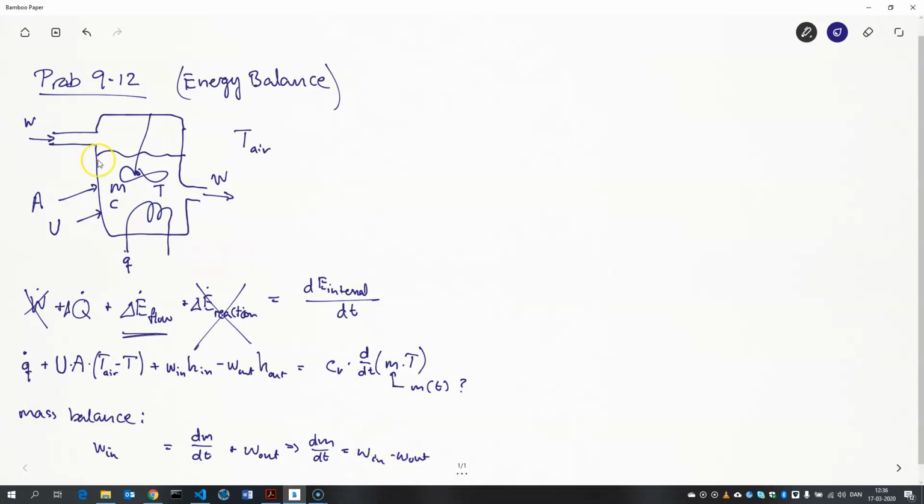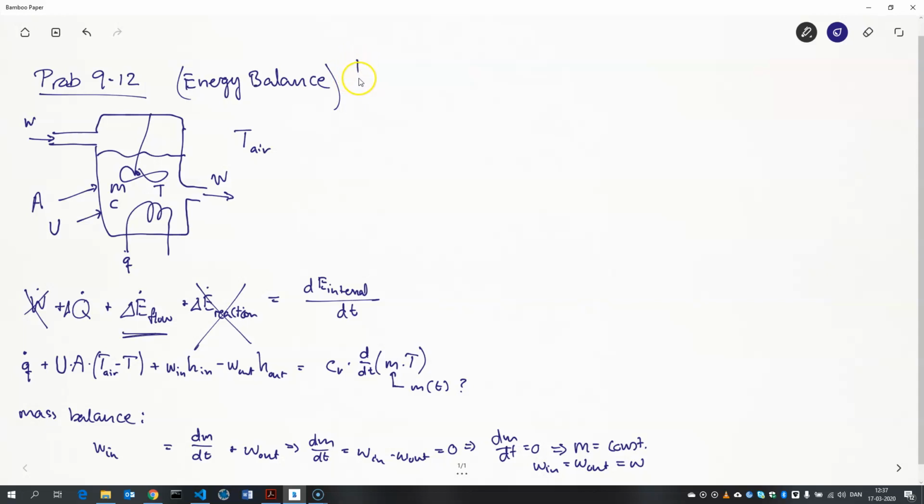But since W in and W out are the same numbers, this is 0. That means dm dt is 0, which is to say that the mass inside the tank is constant. And W in equals W out equals W. There's no point in distinguishing between the two.